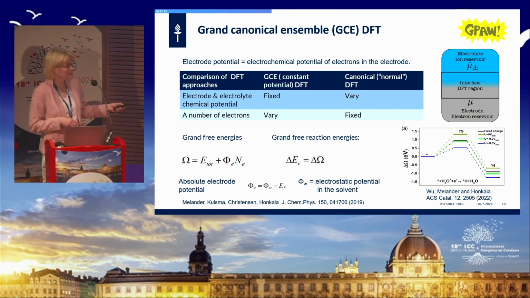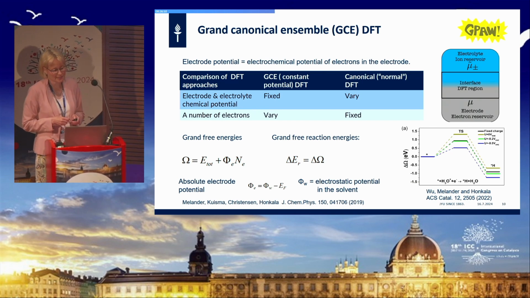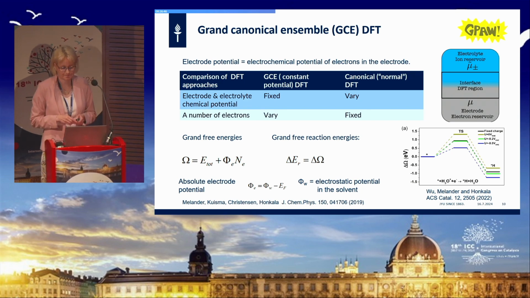And here on the bottom, I show an example of grand canonical DFT calculations. This is the Volmer step barrier calculation for graphene modified with nitrogen and having a ruthenium atom. You can see that when you do the grand canonical ensemble DFT calculations, you get the potential-dependent barriers, and of course the reaction energies.